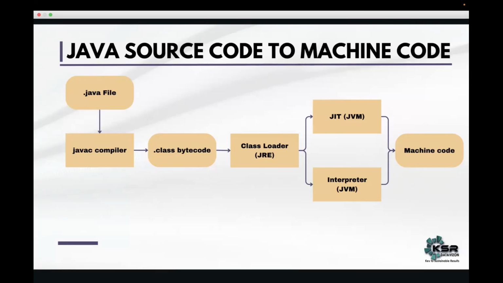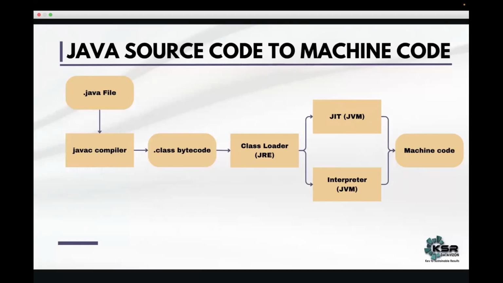So this is the journey. If there are multiple function calls, the just-in-time compiler will optimize those, convert them into machine code and keep it. Whenever that function is called again, it will use that machine code to execute the program. This is just an optimization.